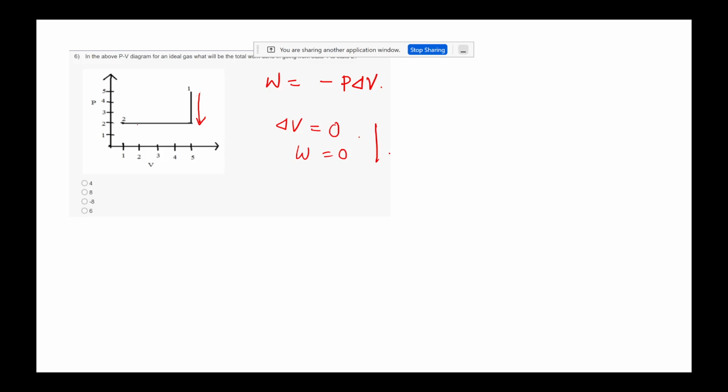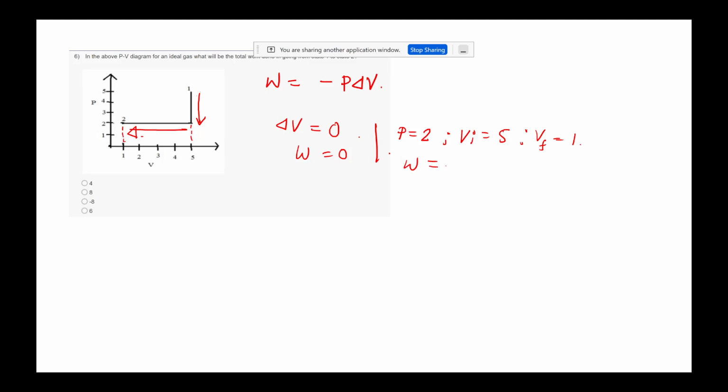Now along this line, P is fixed at 2. So P is 2. V initial is 5 and V final is 1. I don't know the unit.